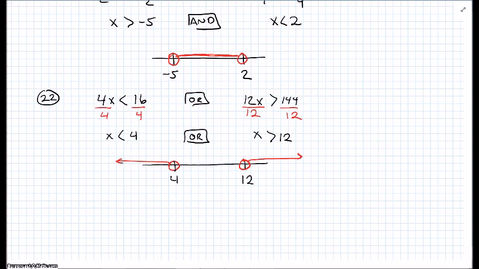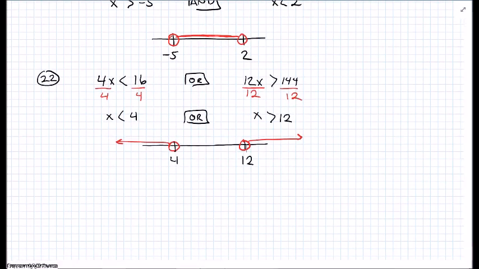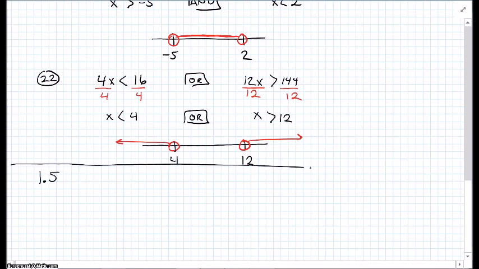Okay, moving on to the next section. Here we go. Now we are doing section 1.5, and we're doing numbers on page 36.